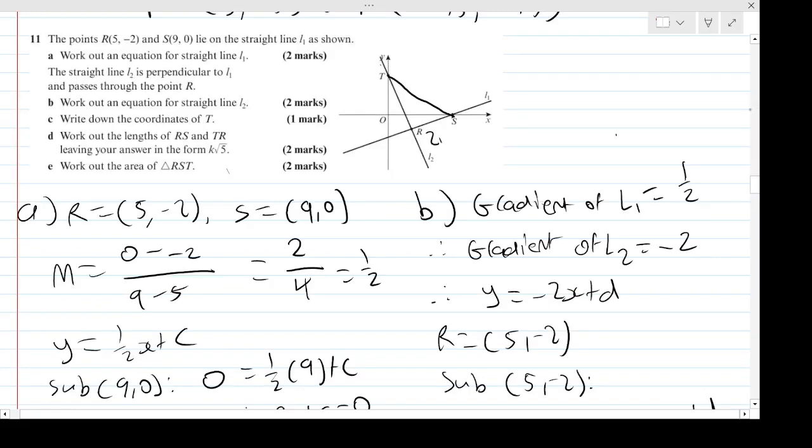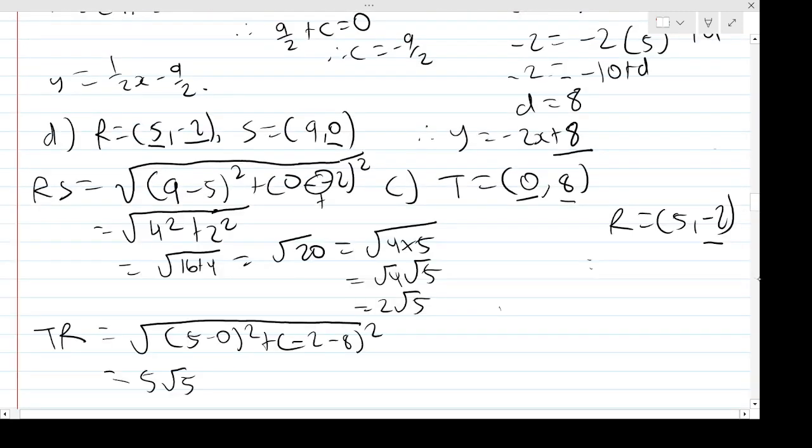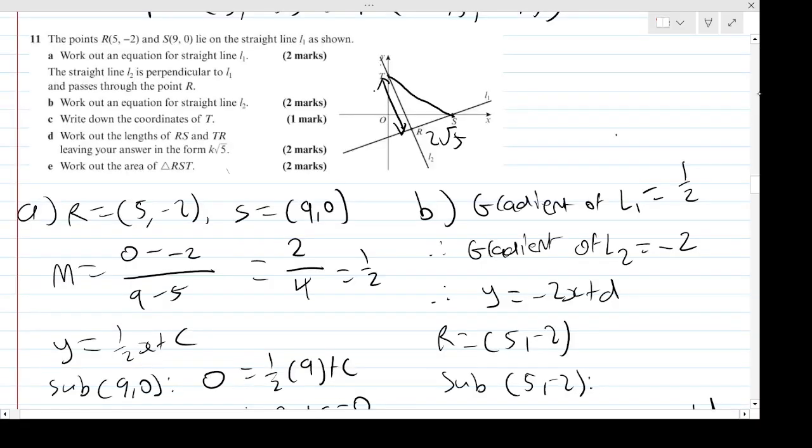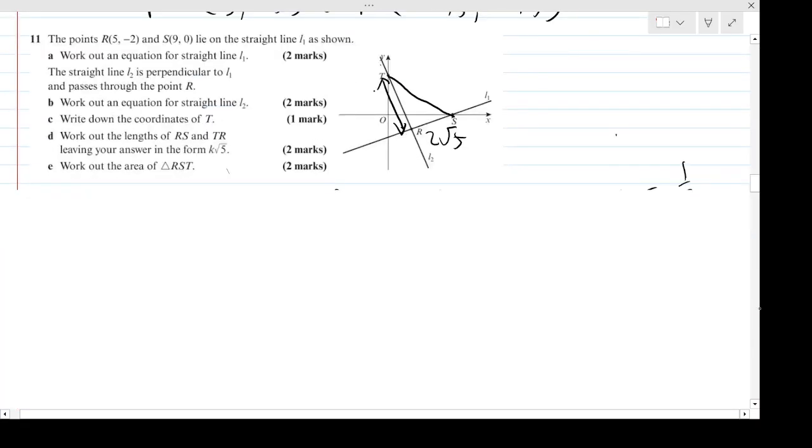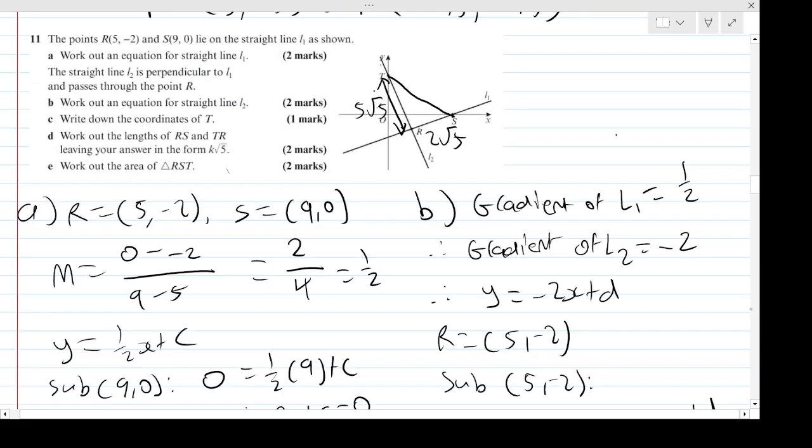Then the perpendicular height is there, the height from the very top of the triangle to the base. That is the distance there, which is h. Well, that's just the length TR, isn't it? That's the distance from T to R, which we worked out as well. It's 5 root 5. So therefore, that'll go to 5 root 5.